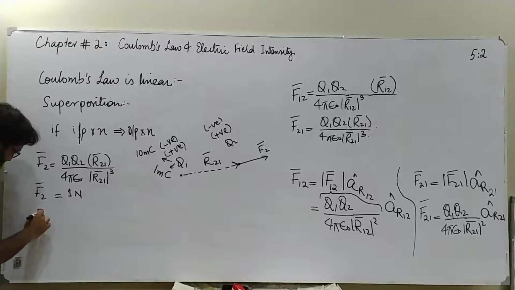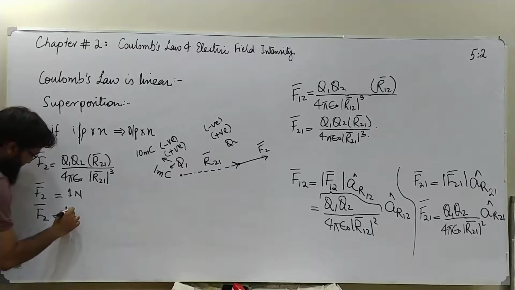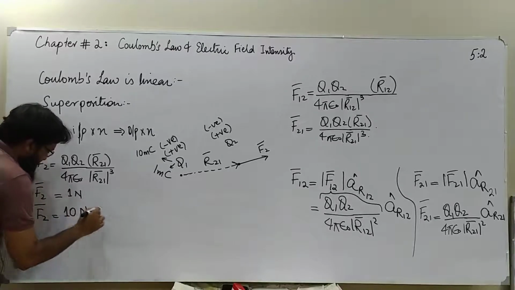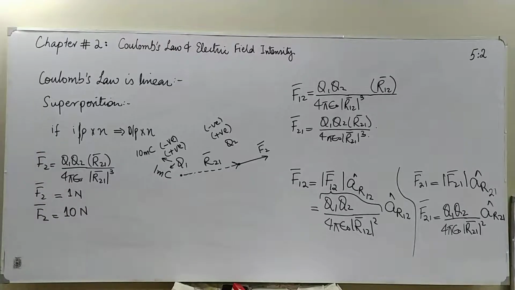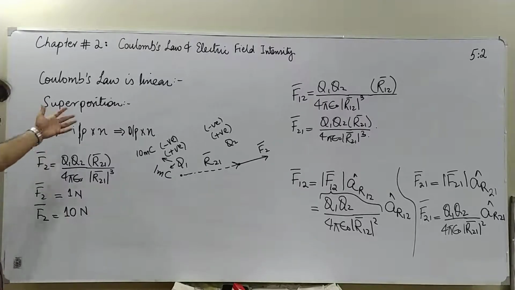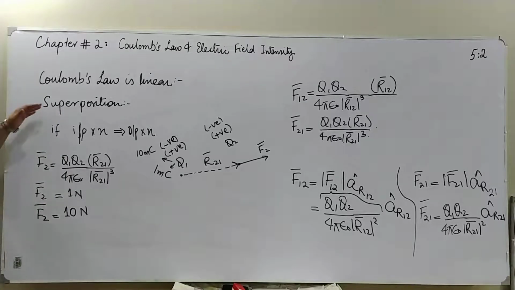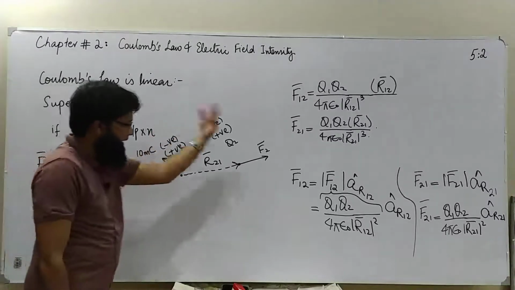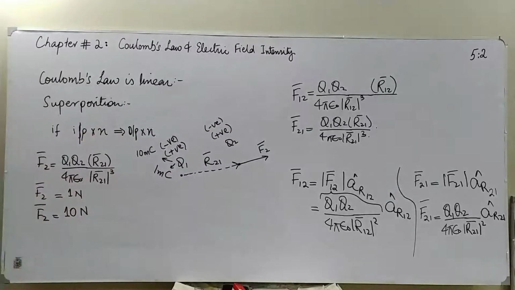I would simply say that since Coulomb's law is linear, since the source has been multiplied by 10, the effect will also be multiplied by 10. I don't need to reevaluate or recalculate anything. So this is the first consequence of superposition: input multiplied by 10, output multiplied by 10 blindly.